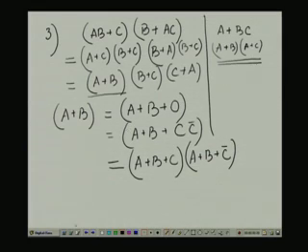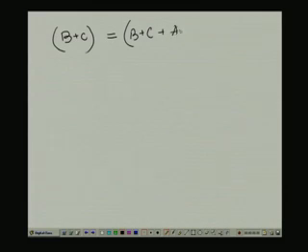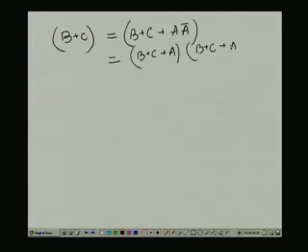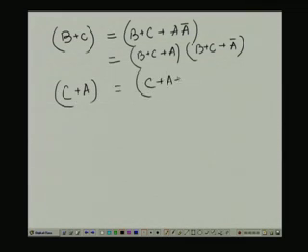In a similar way, B plus C: A is absent here, so I can introduce A in the same way, as A A bar equals 0, and this becomes B plus C plus A into B plus C plus A bar. Similarly, my C plus A becomes C plus A plus B into C plus A plus B complement.